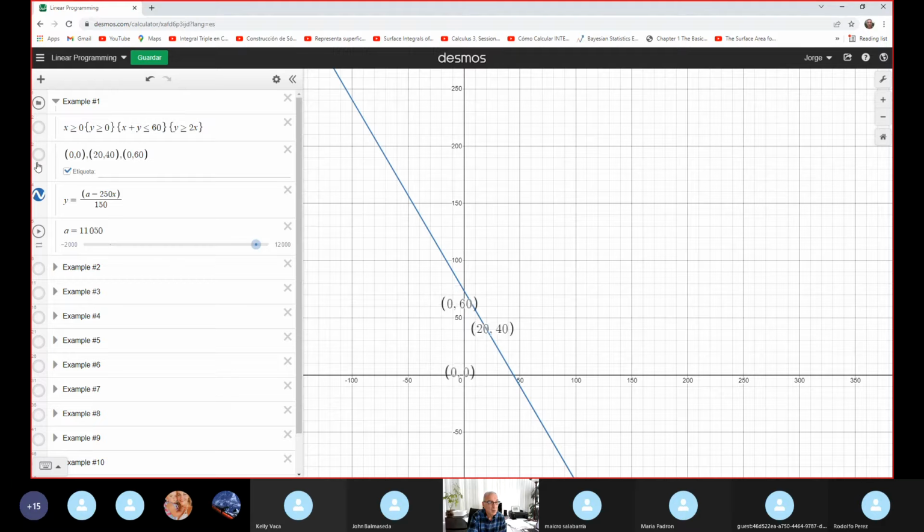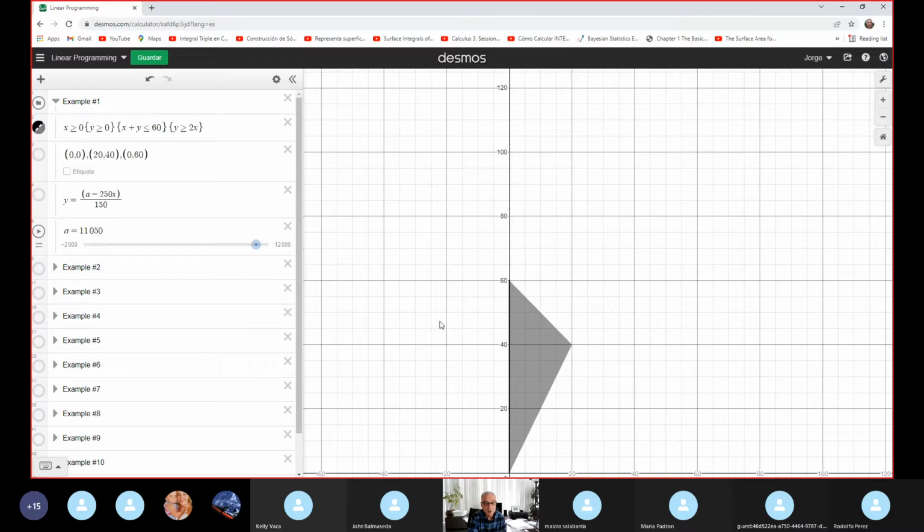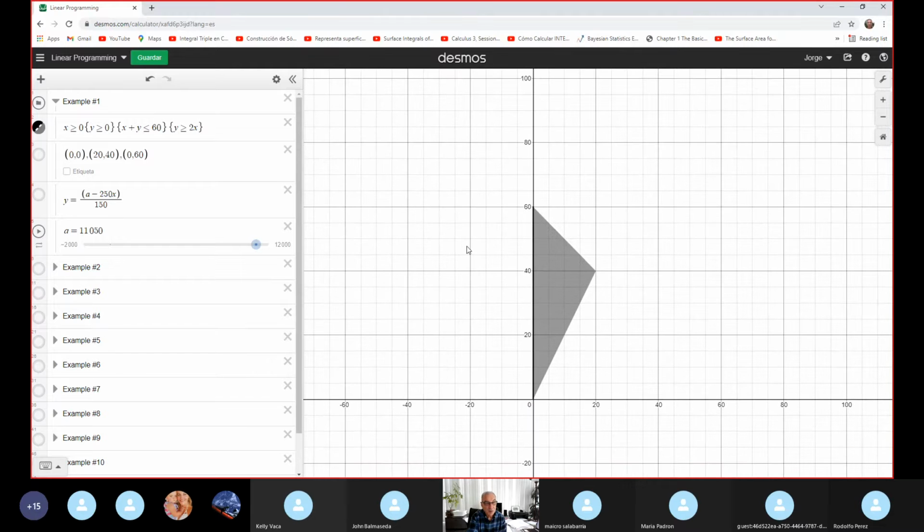First, only one. Okay, no level is necessary. Okay, you copy that. Boom. Oh, this will look like a triangle. Okay, the corners in this problem are, look, 3 points. It's a triangle, 3 vertices. The labels associated with these are 0,60, 20,40, and 0,0.